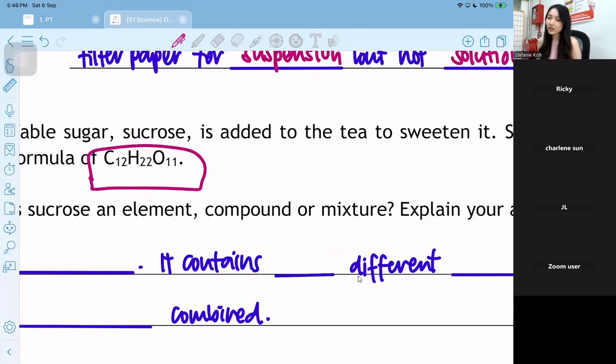Not sure. Okay, who says it's element? Compound? A few. Mixture? Nobody. Then the rest of you? Don't know. Look at this.